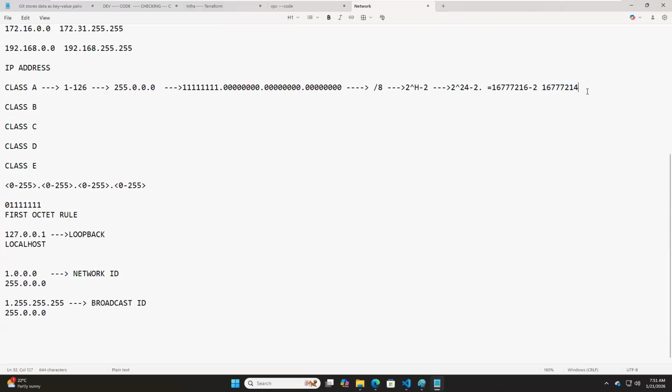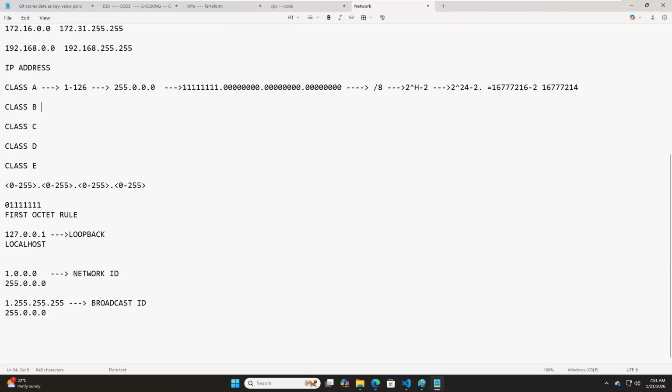So we got 1 crore usable IPs in class A. Depending on usability, some organizations may require 1 crore IP addresses, some medium organizations require some thousands of IPs, and some small-scale industries require only hundreds of IPs. Class A has the maximum number of IPs we can assign, and the range of class A is 1 to 126.